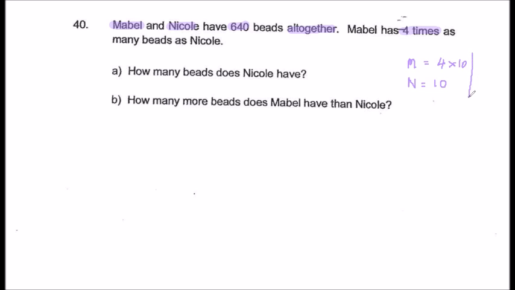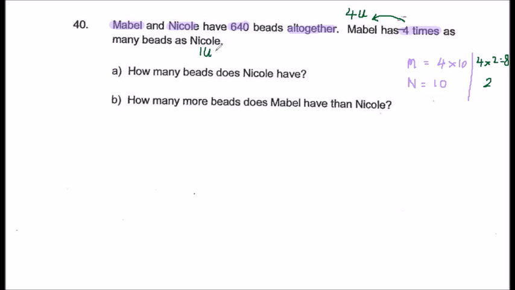Another example: if Nicole has 2, Mabel would be 4 times 2 equals 8. When we don't know the number, for 4 times as many bits as Nicole, I write down Mabel would be 4 units, and Nicole will always be 1 unit.